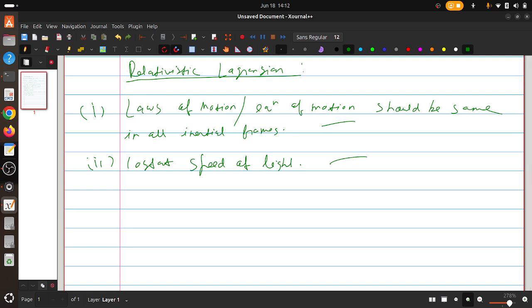Basically, what the first statement says is that our Lagrangian, L_R, where R means special relativity, should be a Lorentz invariant quantity, because Lorentz invariant quantities are those which are invariant under Lorentz transformation, or the same in all inertial frames.